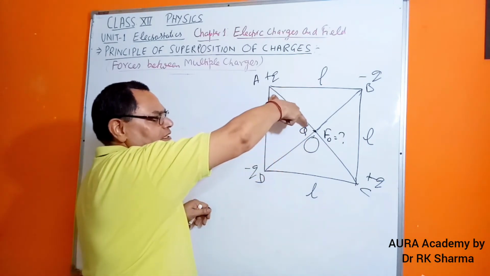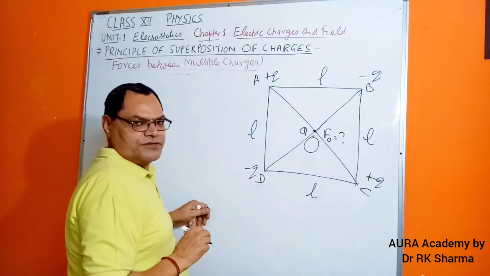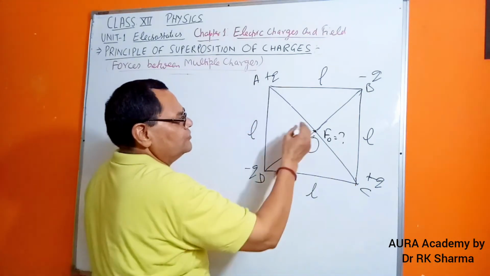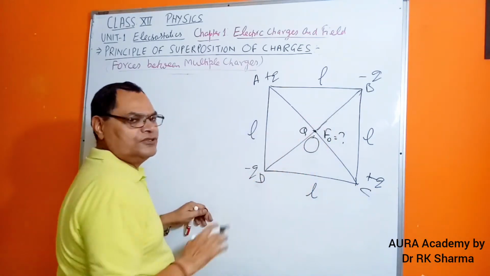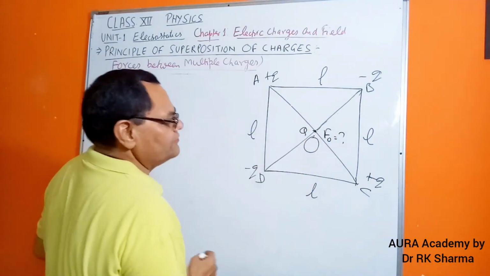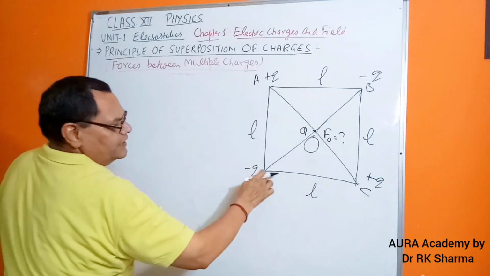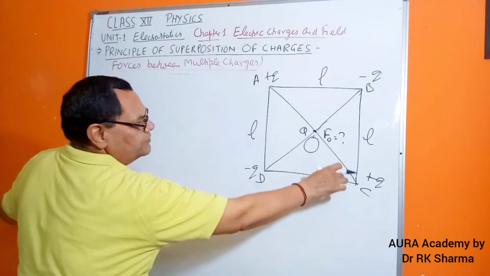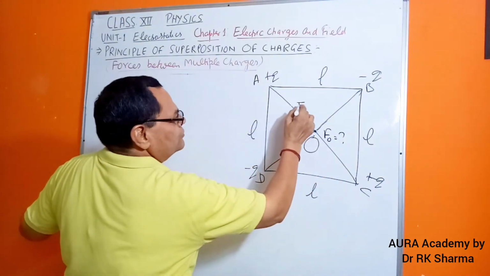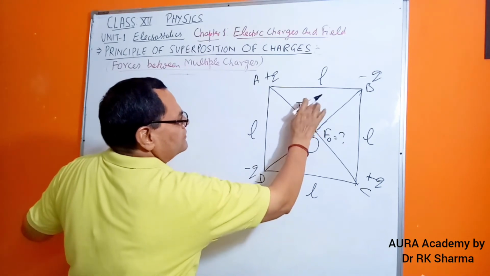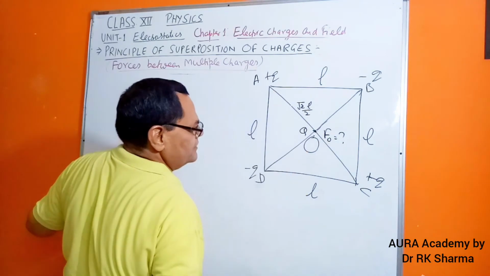We know the charges. Do we know the distance? I think there is no problem in getting the distance AO. It will be half of the hypotenuse. So AO, BO, CO and DO, all distances will be equal. If this side is L, the whole diagonal will be root 2 L, so half of it, root 2 L by 2, is the distance AO.